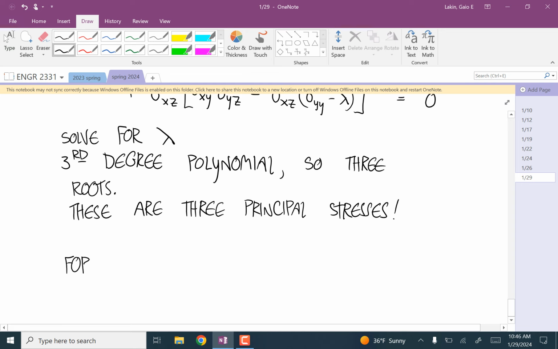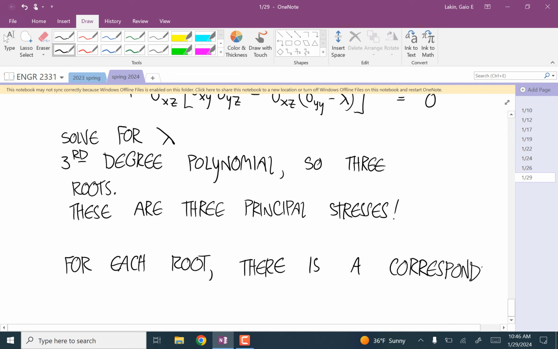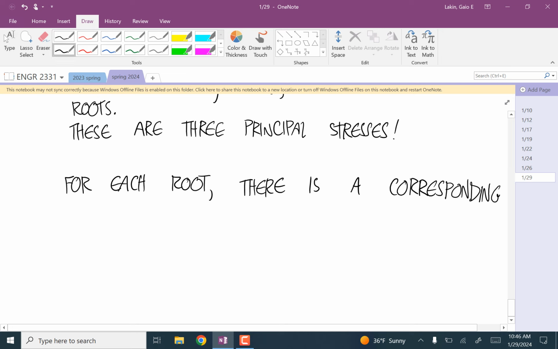Now for each one of those roots, there is a corresponding unit vector nx, ny, nz. That's the eigenvector.